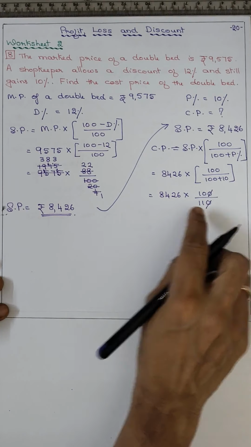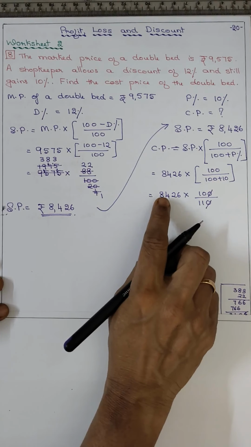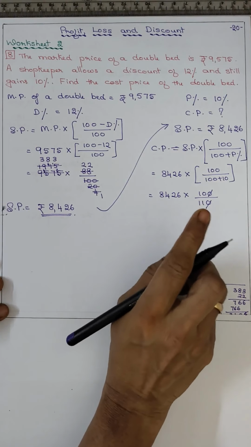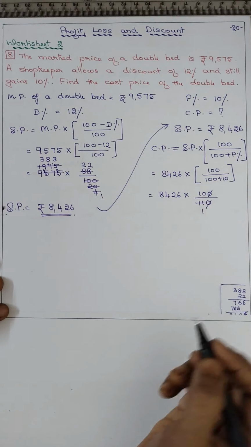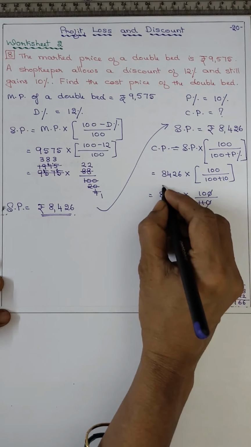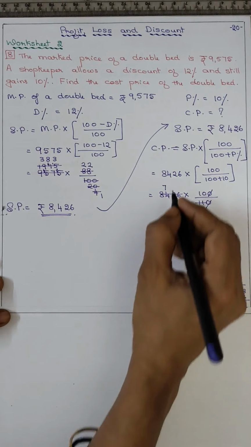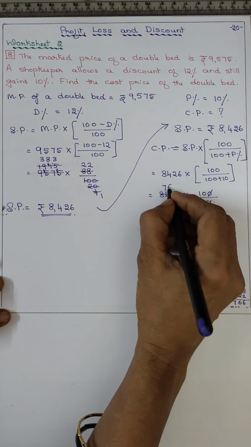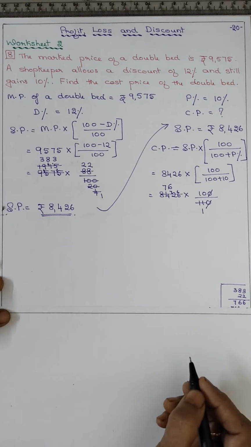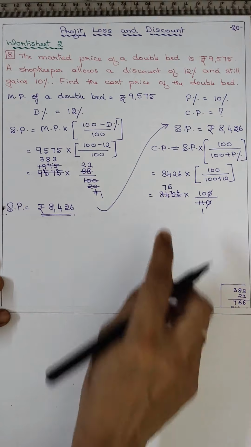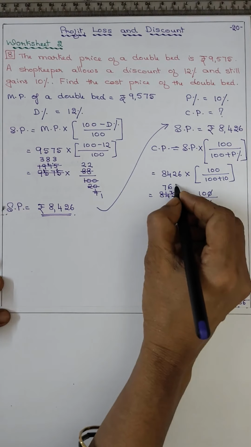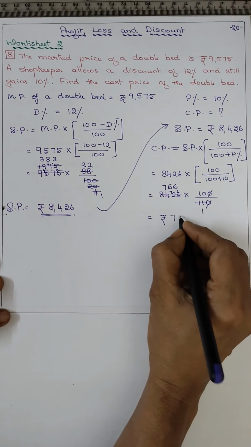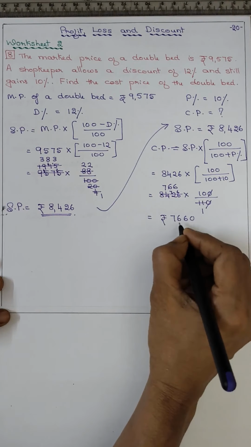Now 11: is it divisible by 11? 8 plus 2, 10. 4 plus 6, 10. 10 minus 10, 0. Yes. 11 ones are 11, 11 sevens are 77. So 7 remains. 11 6s are 66. 6 remains. So 72. Now 11 6s are 66. That means 766 and 0.